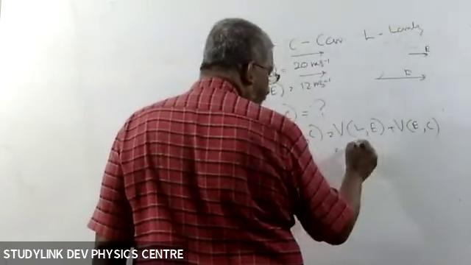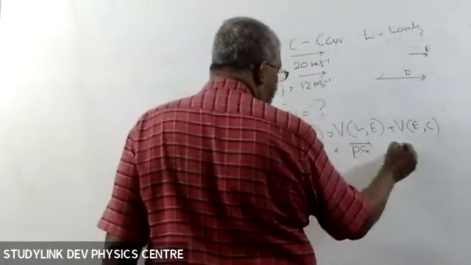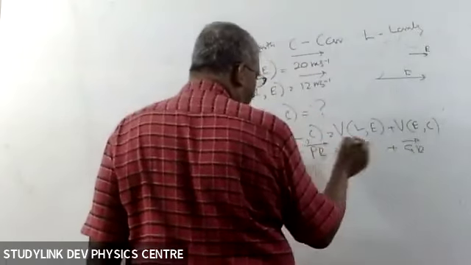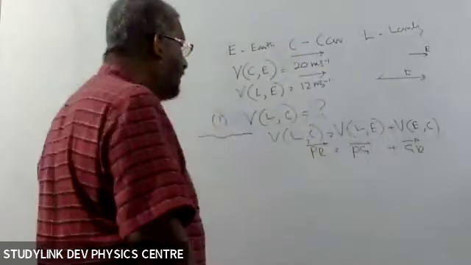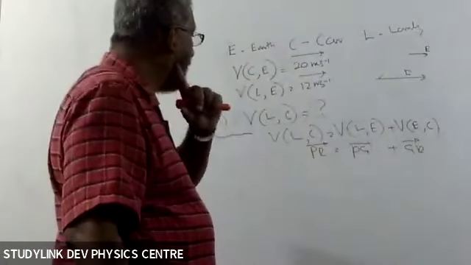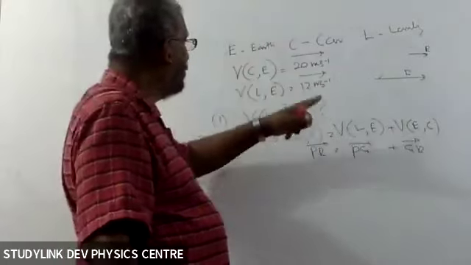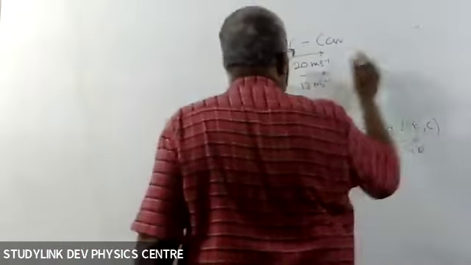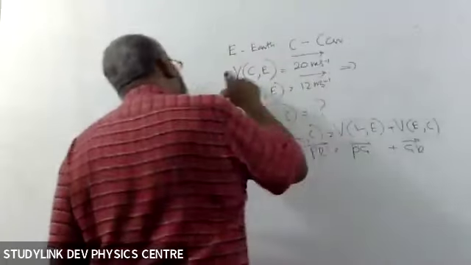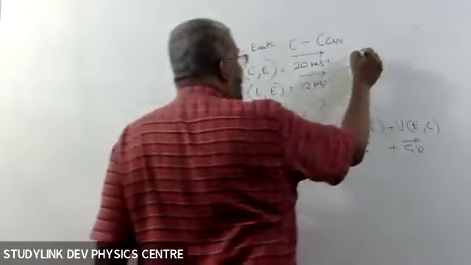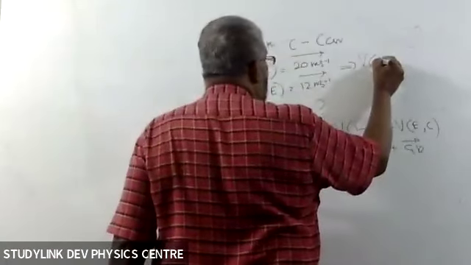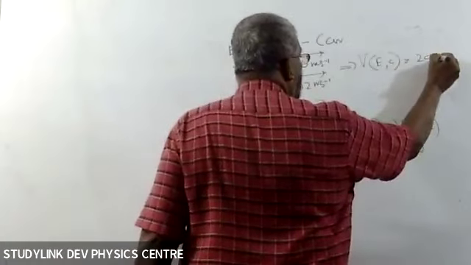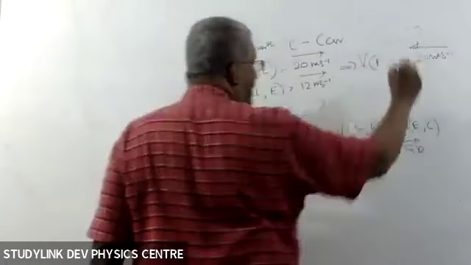But normally we write PQ plus QR, that is PR, one method. Directly also you can write the values there. Then PQ is VLE, and the second one is EC. EC is not here. From this we can get VCE. If we want to get VEC, it is 20 m s minus 1, the same magnitude, in the opposite direction.